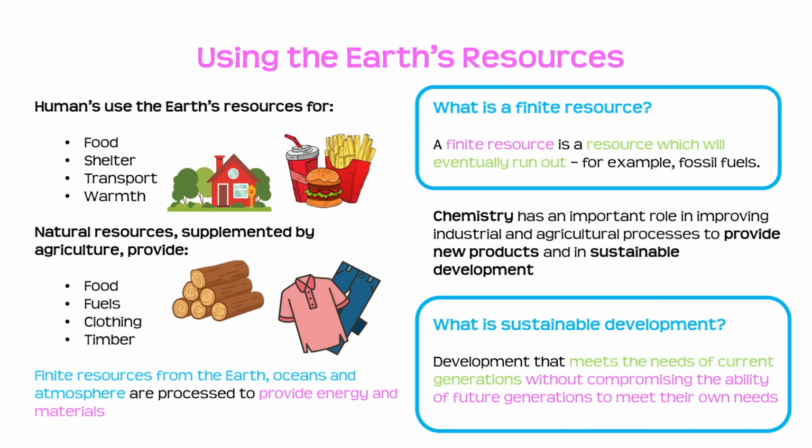Sustainable development is a development that meets the needs of current generations, so it ensures they get what they need, but without compromising the ability of future generations to meet their own needs. So if we were just to quickly use up all the fossil fuels because we need energy now, and we're not thinking about future people, then that would not be sustainable development. So make sure you know your definition for sustainable development.